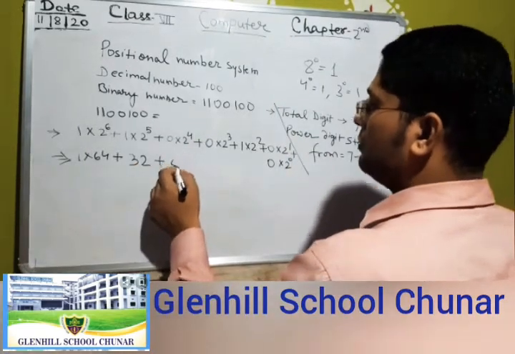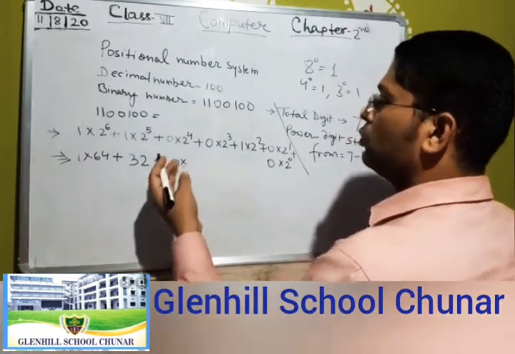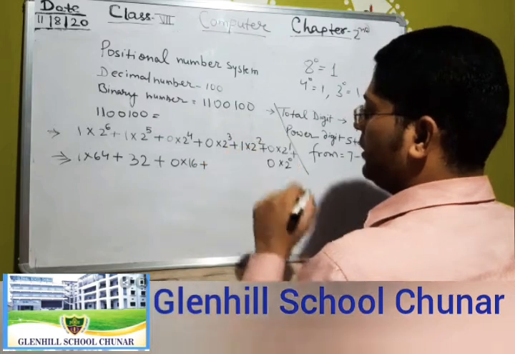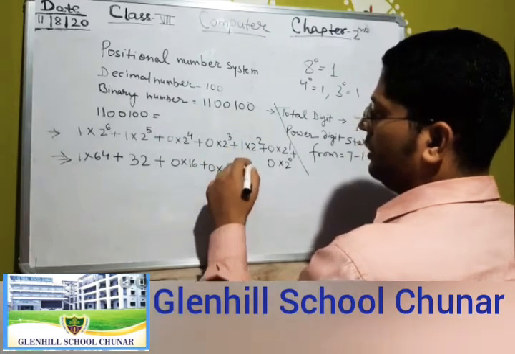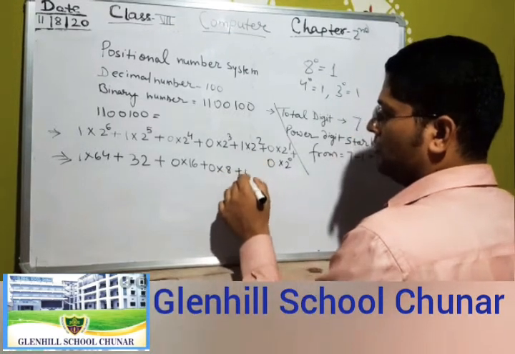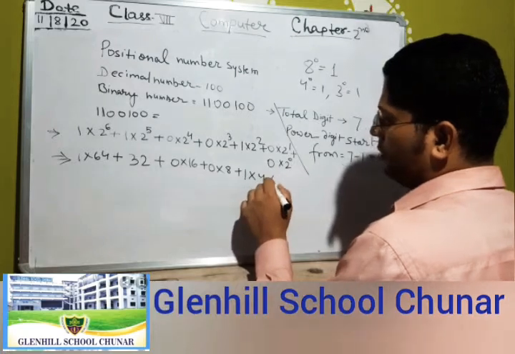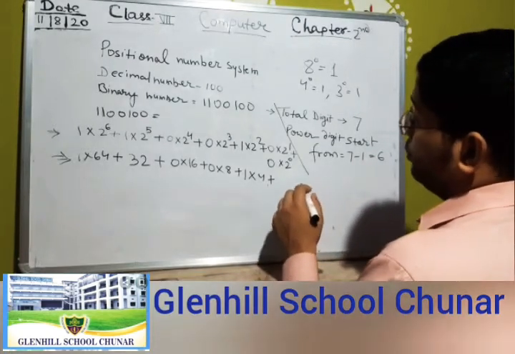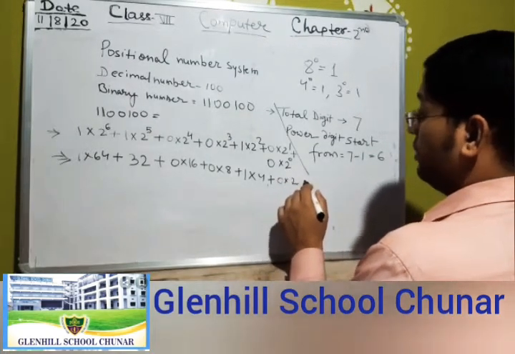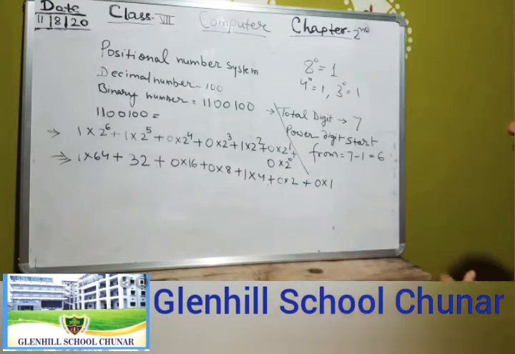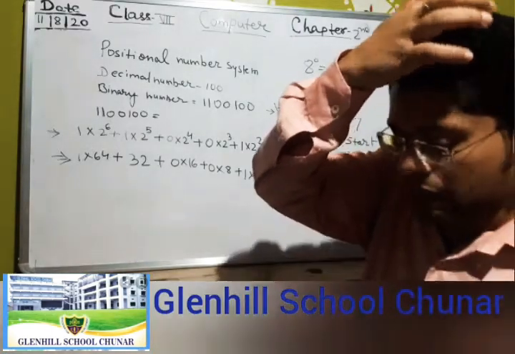And 0 into 2 power 4, plus 0 into 2 power 3, plus 1 into 4, plus 0 into 2 power 1, that means 2, and plus 0 into 1. Okay, students? If any number has power 0, that means the value is 1.